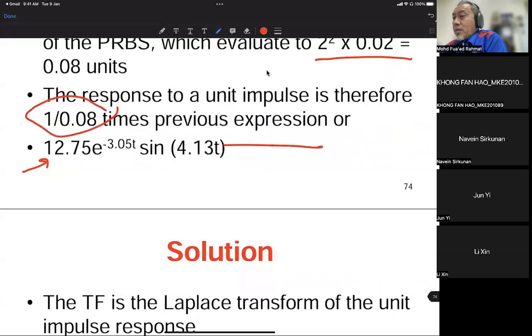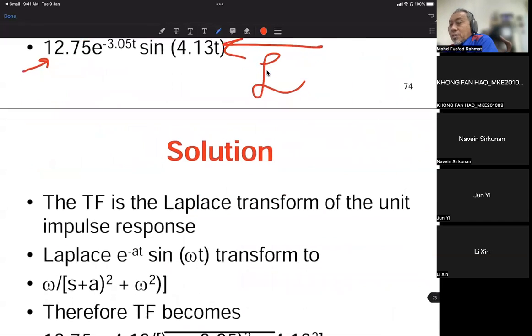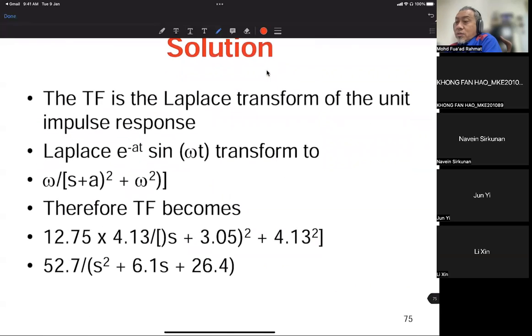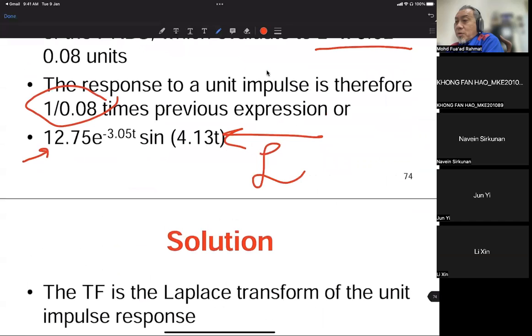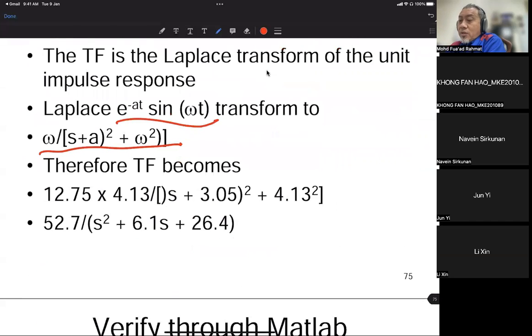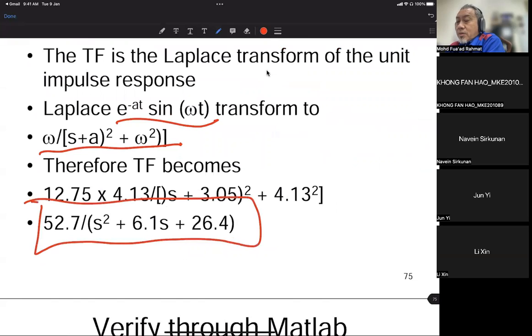Then we apply a Laplace transform to this expression, and we get 57 over s squared plus 6.1s plus 26.4.